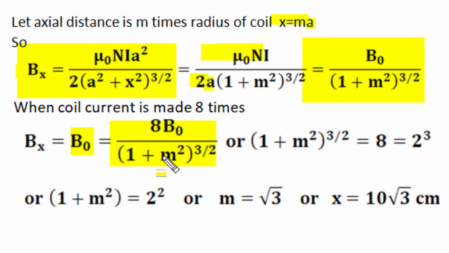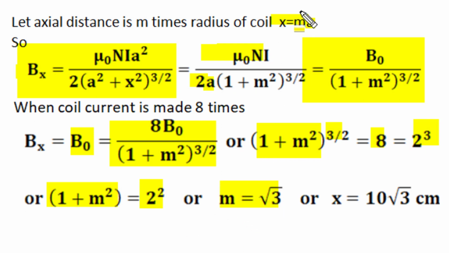We can find the value of m: B naught gets cancelled, and (1 plus m square) raised to power 3 by 2 becomes 8. 8 is 2 raised to power 3, and when we take the cube root, the square root of 1 plus m square becomes 2, or 1 plus m square becomes the square of 2, or 4. m square becomes 4 minus 1, 3, or m becomes root 3.